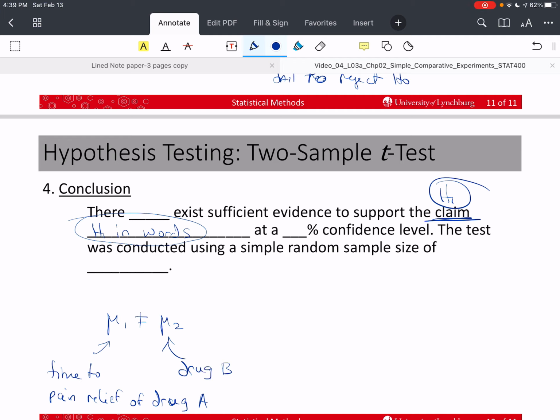And so we would say something here like the claim that the time to pain relief for drug A and drug B are different. Okay? And so we might say which pain relievers they were, Advil and Bayer or something.